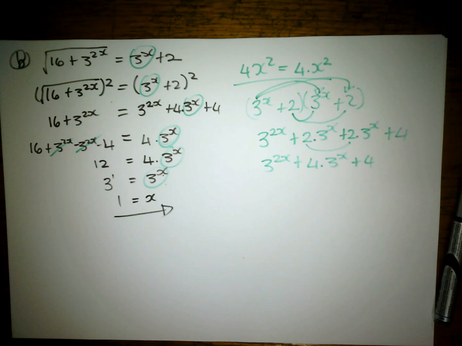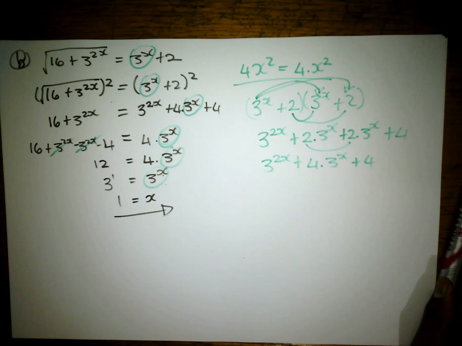Just one quick question, please. Yes. Where you wrote green, the 2 times 3x, wouldn't it have been easier to write it as 3x times 2? Because in the sum itself, you need to divide that 12 by 4.